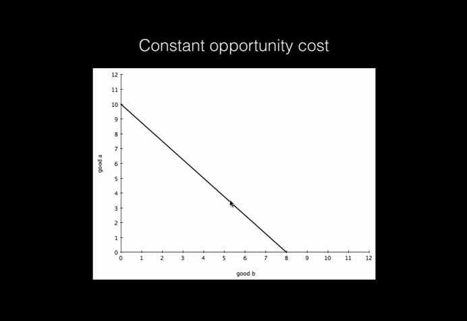So 10A to 8B is my opportunity cost, or in the other direction, if I give up 8B, I'm getting 10A. If you do it that way, you're not going to get confused about what ratio, as we'll see when we start doing some problems in the next section where we talk about trade and comparative advantage.